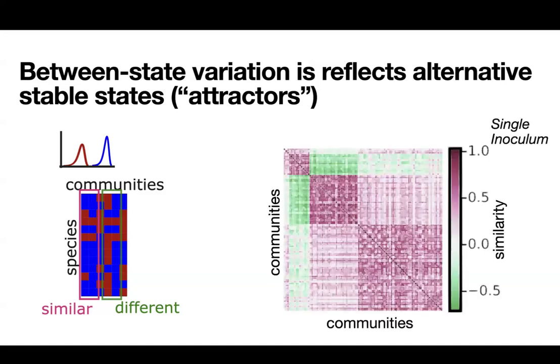By looking at the similarity of communities, there is a clear block structure that emerges. Each entry of this matrix represents how similar two communities are in these vectors of high and low abundance state.